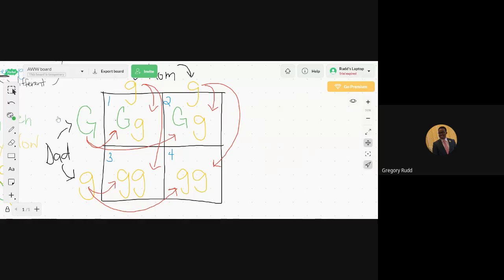So how many green offspring do I have? And how many yellow offspring do I have?